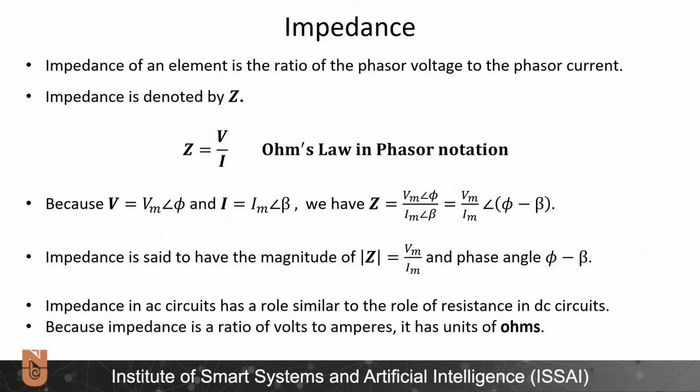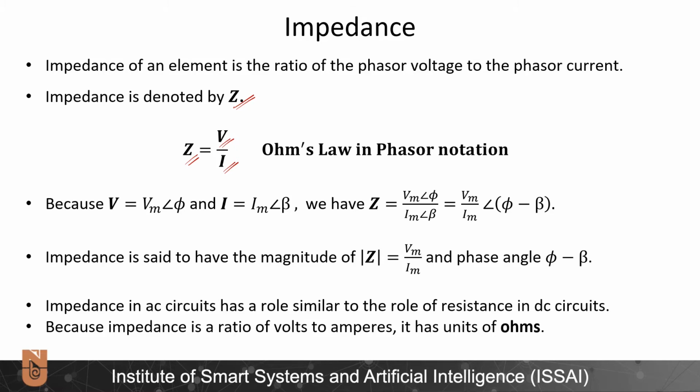Now we will cover an important concept called impedance, which is the ratio of the phasor voltage to the phasor current. Impedance is denoted by Z, and Z is equal to phasor V divided by phasor I. So in other words, this is the version of Ohm's law in phasor notation.